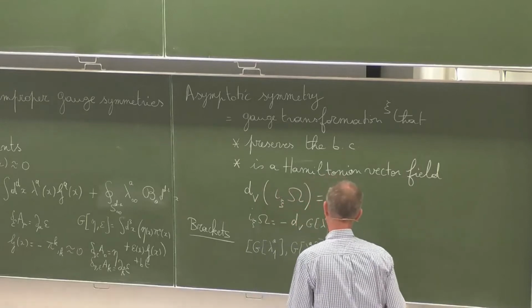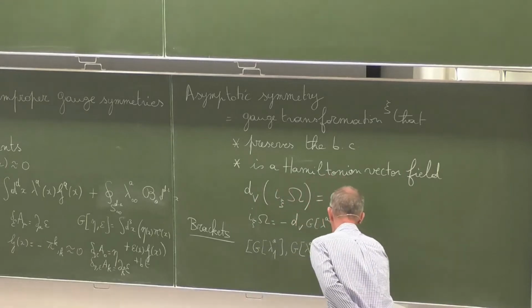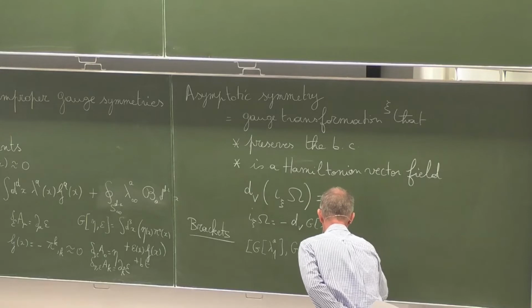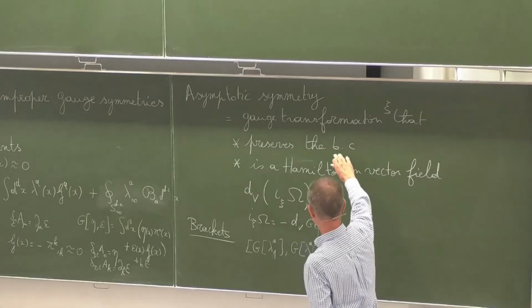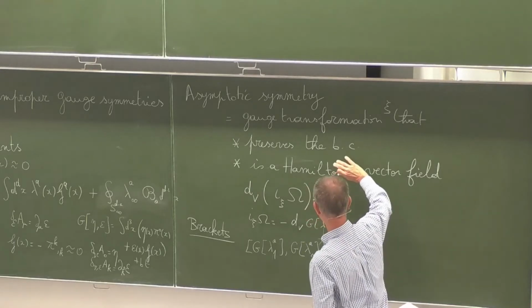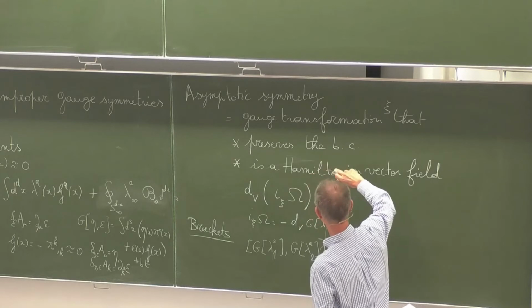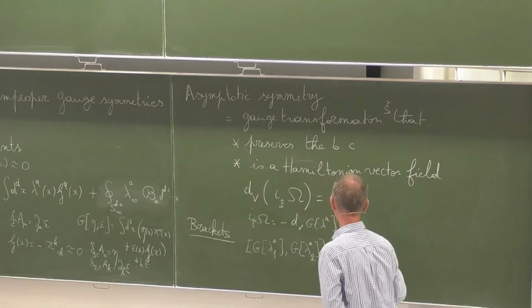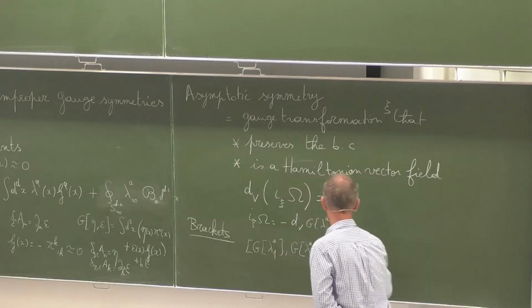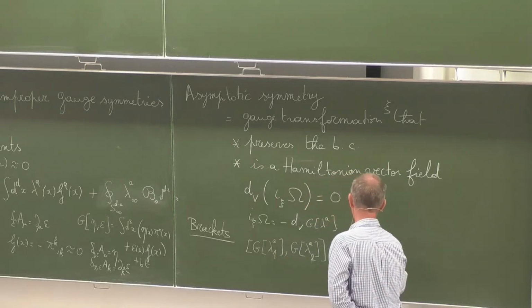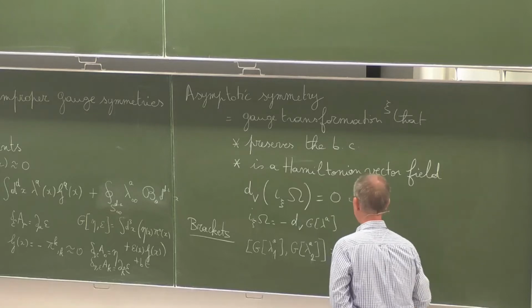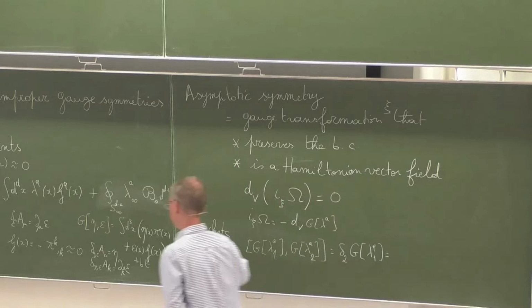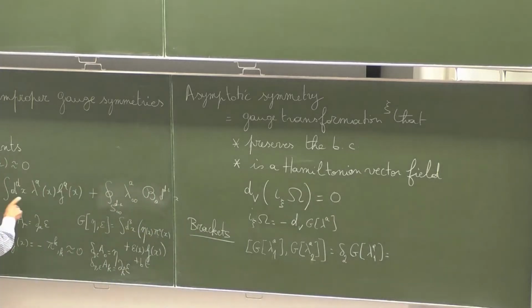So that is the transformation under the gauge, so it would be the Lie derivative along the vector field associated with the second gauge transformation of the first generator.